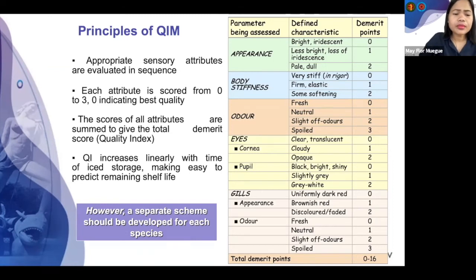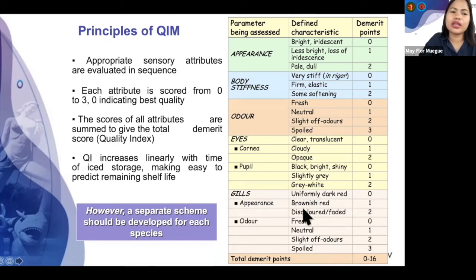So the quality index increases linearly with time of ice storage, making it easy to predict the remaining shelf life. Pero take note, a separate scheme should be developed for each species. Kasi merong mga species na for example, yung ice nila iba kapag fresh, towards pastel sila, iba yung itsura.